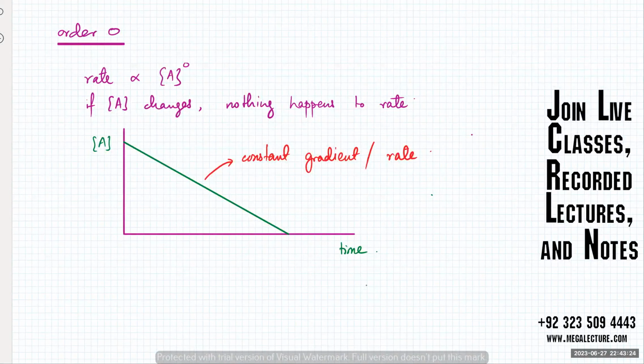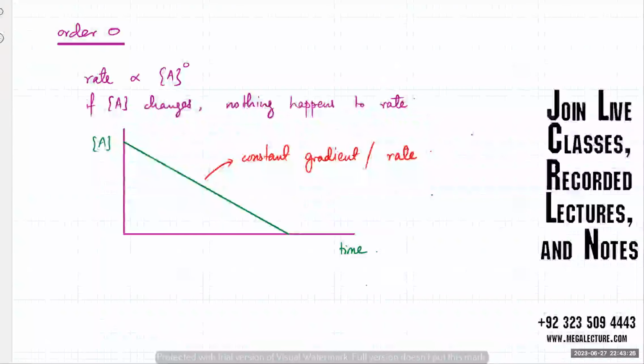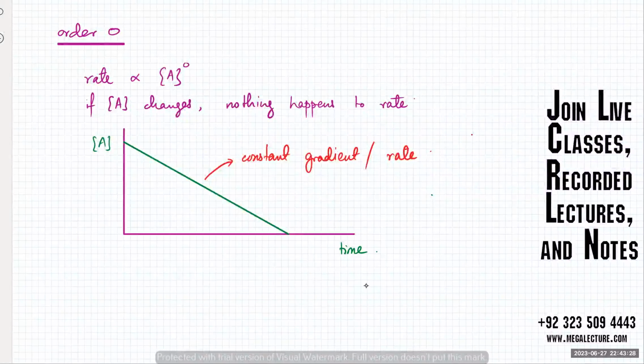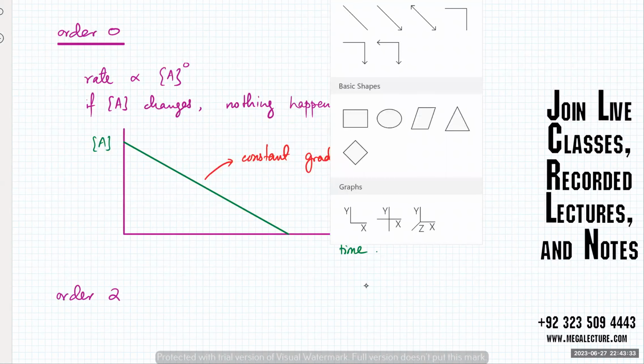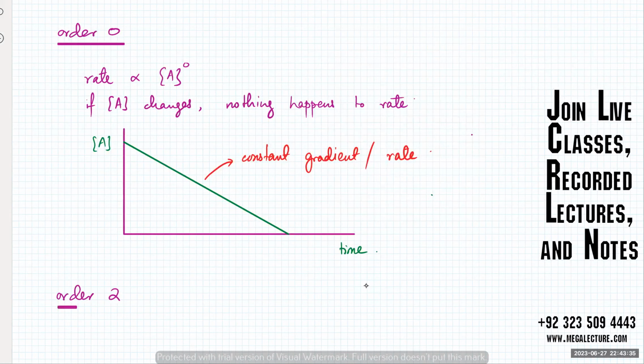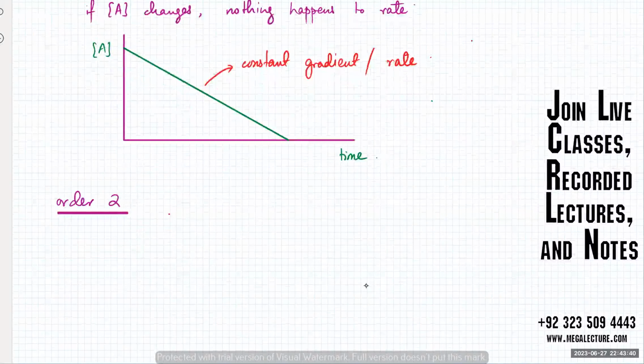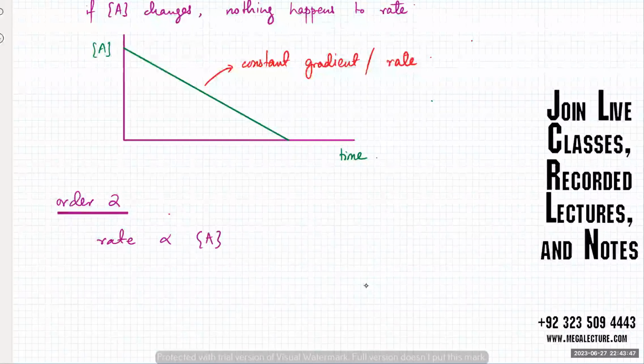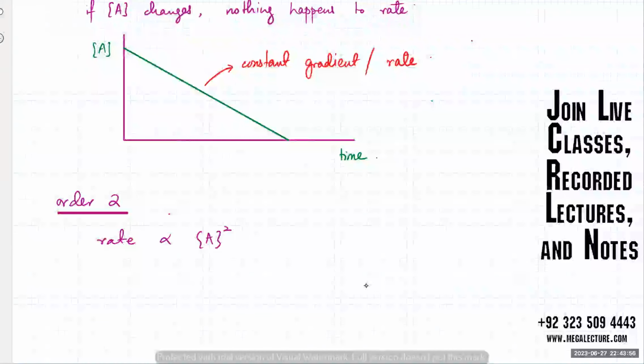And similarly, the last one that's order two. So we're going to do the graph for order two. Maybe the rate of the reaction is dependent on the concentration of A, but the power is 2. What does that mean? If I change the concentration of A, what will happen to the rate?